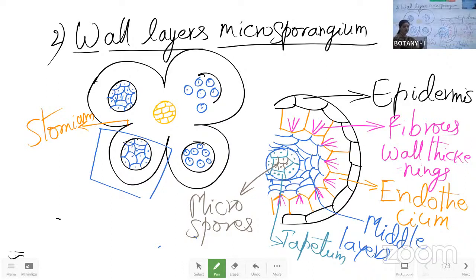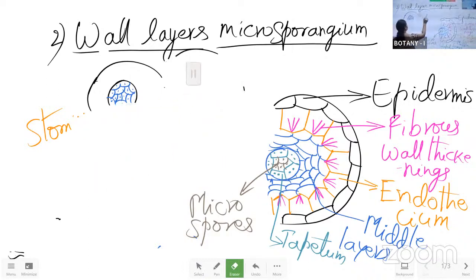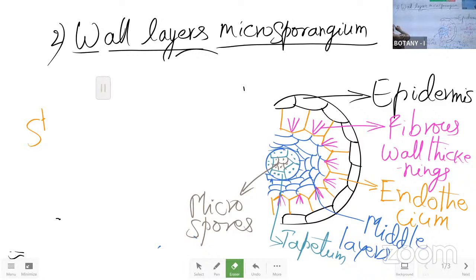So only 4 side headings, and for each side heading, nearly 3 sentences are there. If you know the diagram, the explanation is very easy, but we should know the easy method to draw and to remember the wall layers. For any plant part, the external covering is always the epidermis, as we know.